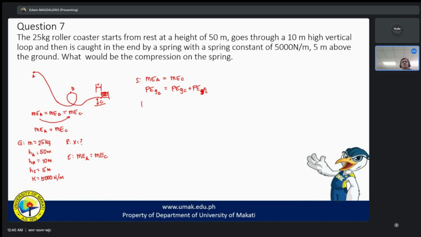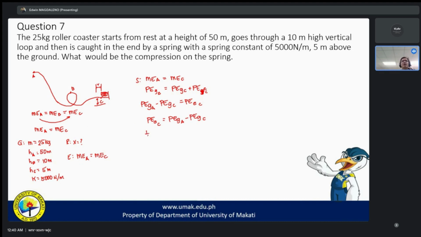We have PEG at point A minus PEG at point C equal to PEE at point C. So this is our PEE. That means the elastic potential energy at point C equals the gravitational potential energy at point A minus the gravitational potential energy at point C.